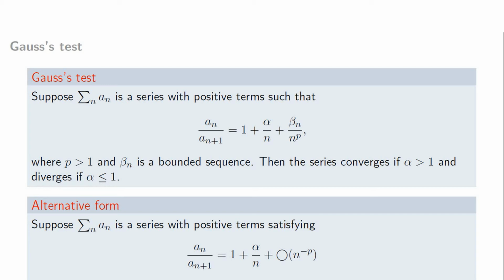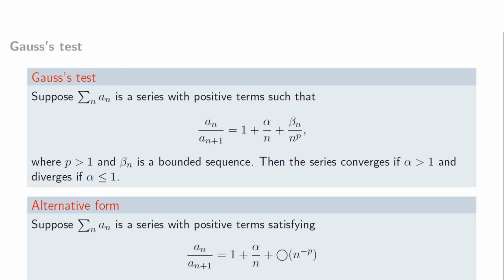Then the series converges if alpha greater than 1 and diverges if alpha less than or equal to 1. So, looking at the last term, that is beta n by n to the power p, we can write the ratio an by an plus 1 in terms of big O. Actually, an by an plus 1 can be expressed as 1 plus alpha by n plus big O of n to the power minus p with p greater than 1.